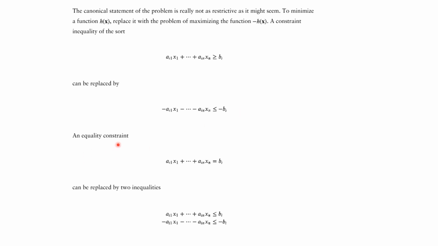And if you have an equality constraint, what you can do is say the equality constraint is listed by 2 inequality constraints. You can have it being less than or equal to b sub i, and the negative also being less than or equal to b sub i. Then it's bigger than and less than. That means it is in fact equal to.